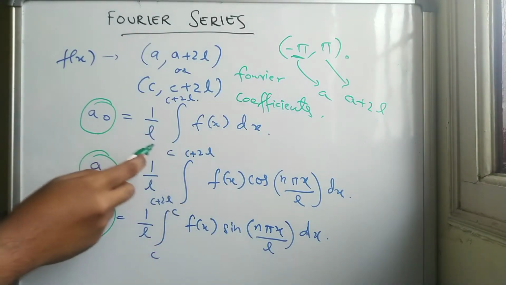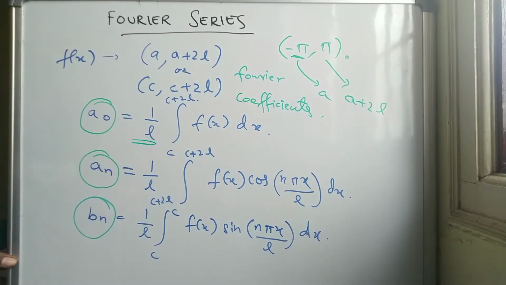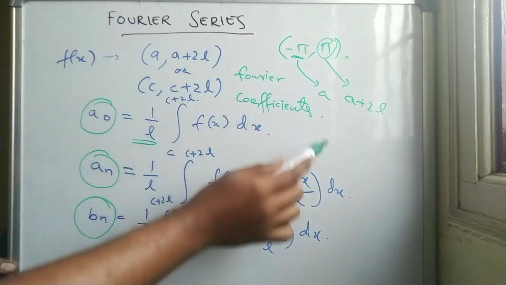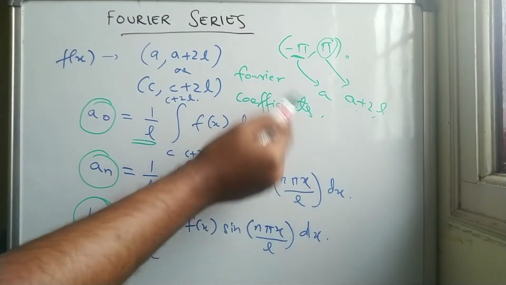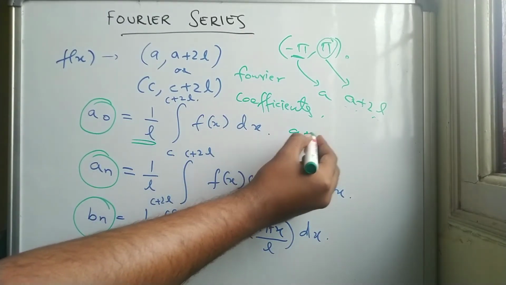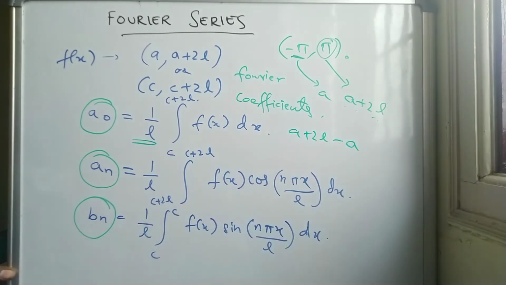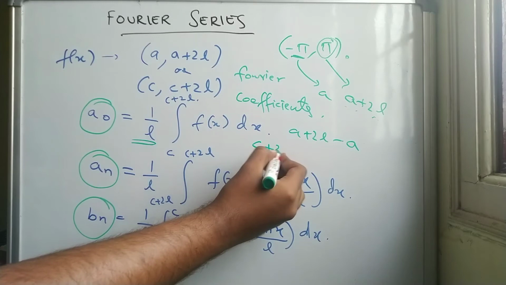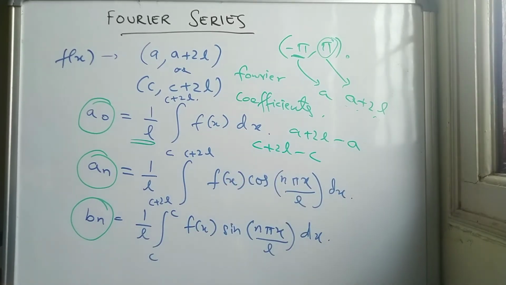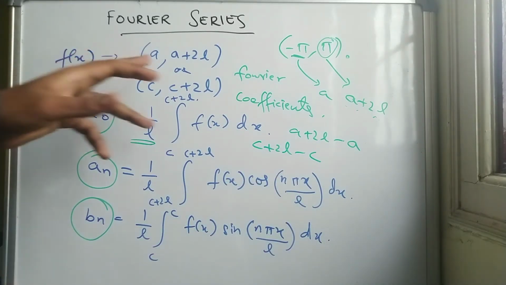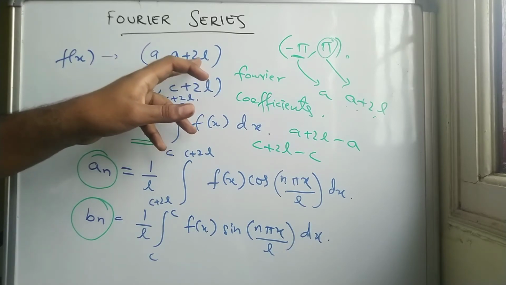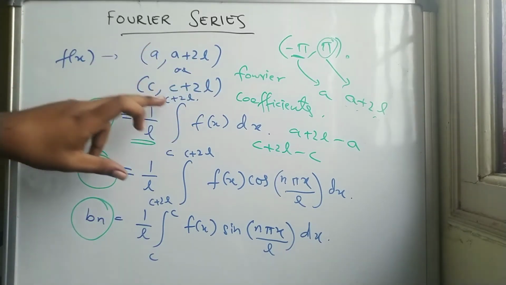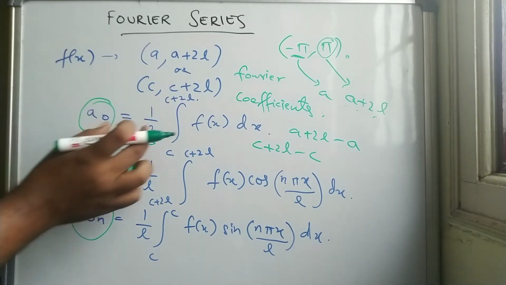Now what will be L? L is nothing but a plus 2l minus a, or we can say c plus 2l minus c. Basically the upper limit minus the lower limit. Upper minus lower is L.